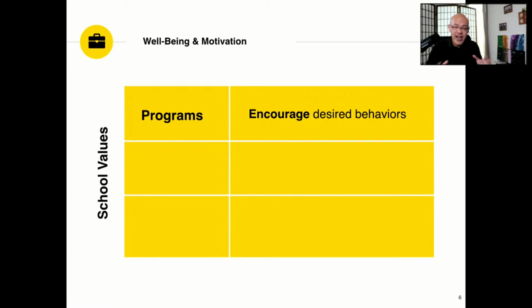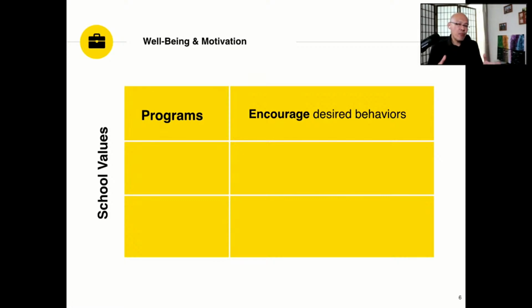And so those campaigns are essentially programs to encourage a certain set of behaviors. And so these are the programs that you would initiate in the first phase of the implementation process itself, to encourage people to get involved and to demonstrate and manifest these desired behaviors.